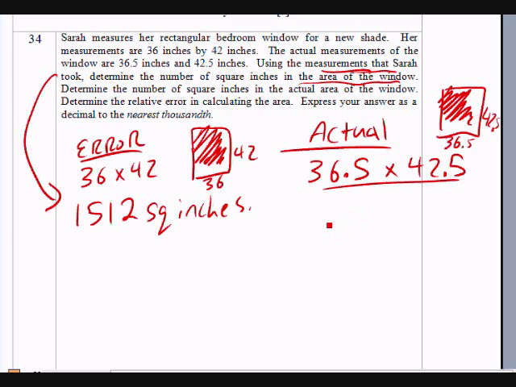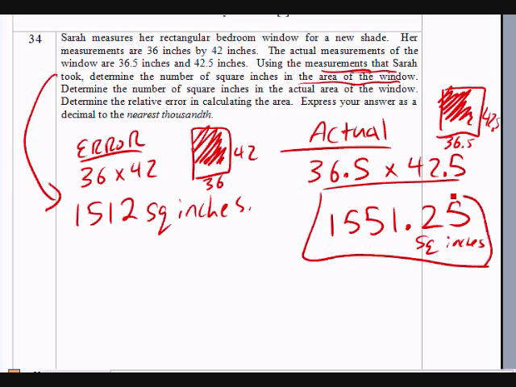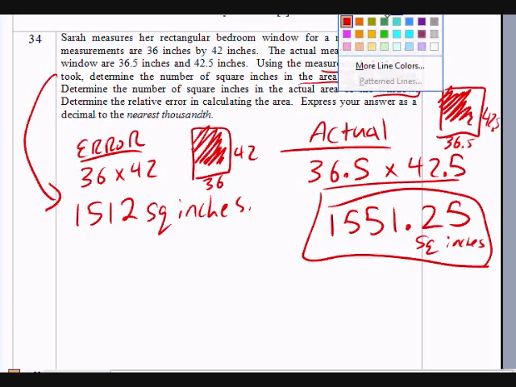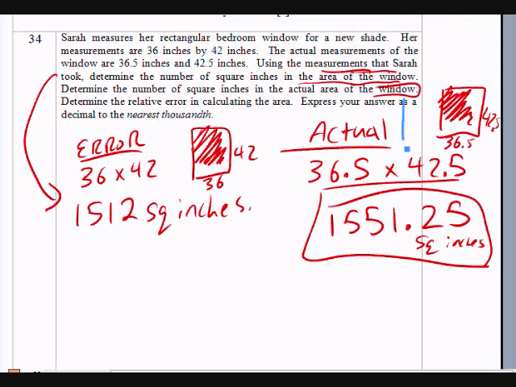That's going to give you, let me just check here on my calculator. 1551.25, okay? Square inches. So that's your answer to the second part, where it asks for determine the square inches of the actual window. So that's the answer over here.